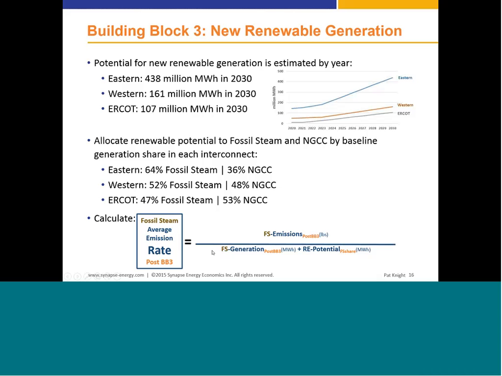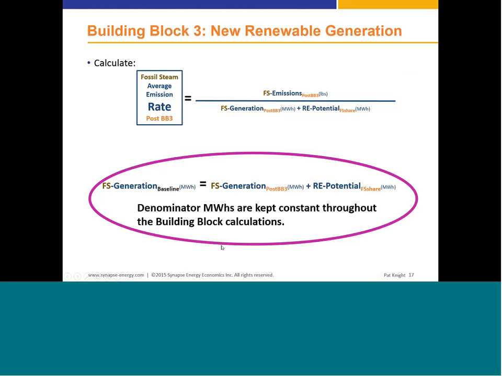And it does this by figuring out what the generation for fossil steam has decreased to as a result of this new RE potential, and what the emissions in fossil steam has also decreased to as a result of the drop in generation rather. So really important to note here is that in almost every single one of these emission rate equations that we're going through, the denominator megawatt hours are kept constant throughout.